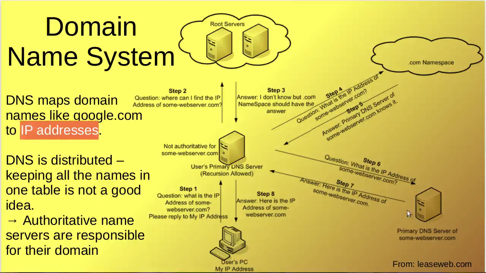As you can see, there's a lot of servers involved, and the reason for this is that keeping all the names in one table on one server is basically just not a good idea. And so you have authoritative name servers like this one responsible for just their domain, and this distributed structure is much more preferable.